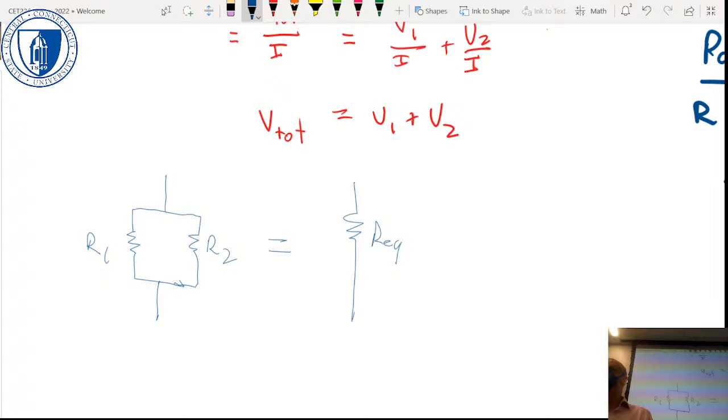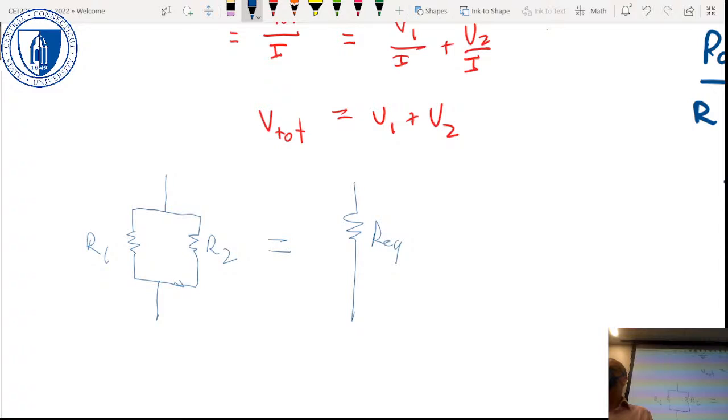Now we can put R1 and R2, and now I'm going to call this one R345, okay, and R345 is equal to R3 plus R45, right, because they're in series.